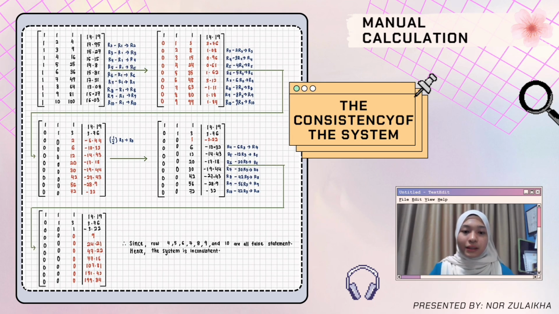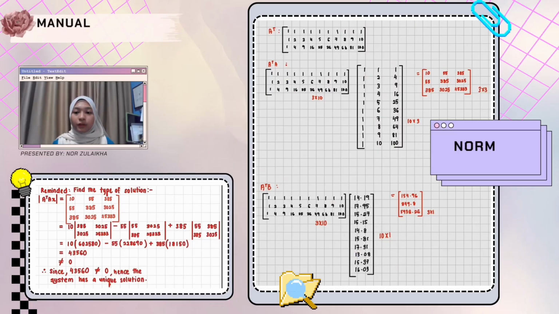And the result is, since rows 4, 5, 6, 7 until 10 are false statements, we assume that the system is inconsistent. After we get the inconsistent system, we need to change it to the normal system by using the formula. But before that, we need to have A transpose A and A transpose B. In this slide, we can see that for A transpose A, we will get 10, 55, 385, and so on in a 3x3 matrix.